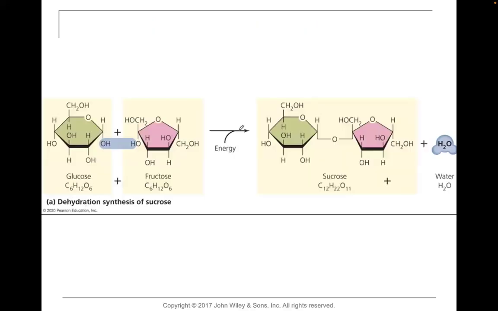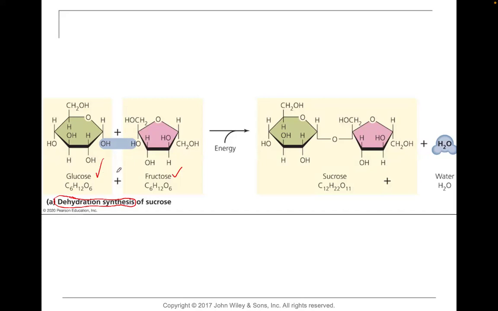So here's an example of dehydration synthesis. On the left side, we see glucose and fructose. These are forms of carbohydrates. So is sucrose.